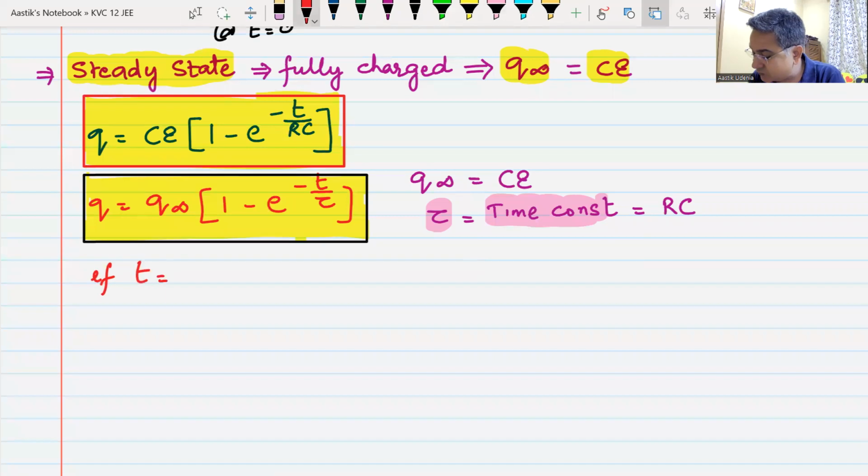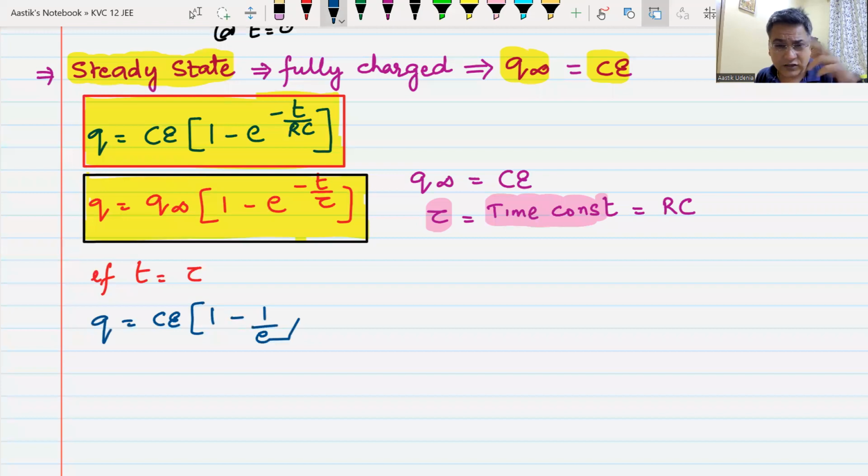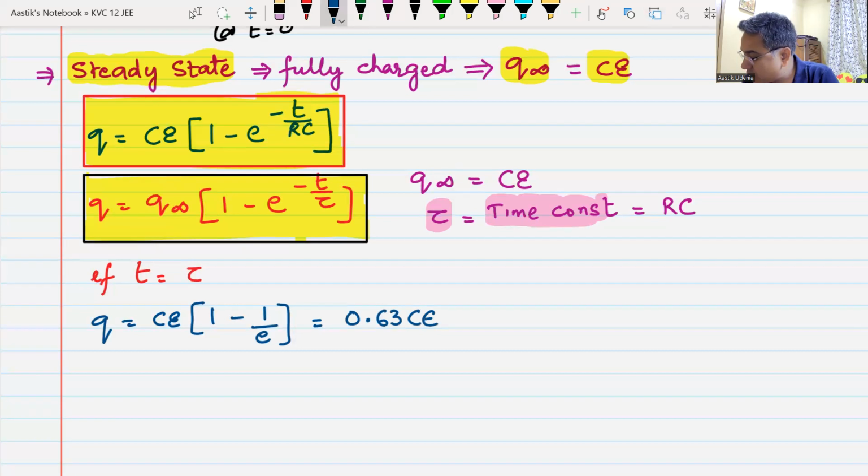If I put the value of t as 1 tau, I will get this charge q as CE into 1 minus 1 by e, because t becomes equal to tau, e raised to power minus 1 becomes 1 by e, and that comes equal to 0.63 times C into E, or you can write it as 0.63 times the maximum or the steady state charge.